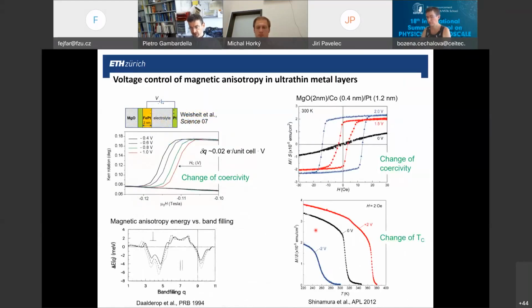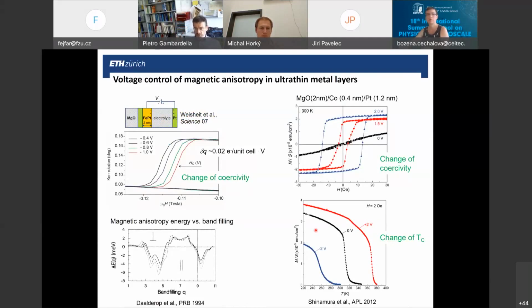What is also important is that because the magnetocrystalline anisotropy depends on the orbital wave functions, and the orbital moment depends on the filling of these wave functions, then by changing the number of electrons that fill certain states, you can actually change the magnetic anisotropy energy.